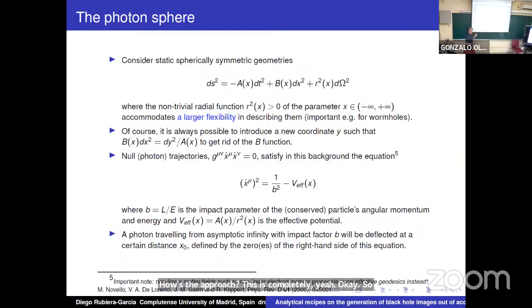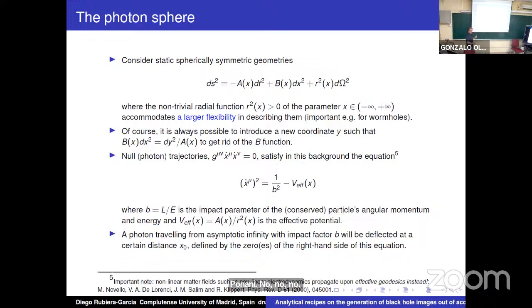So then you go and write the behavior of light rays. Light rays, in general relativity, propagate along null geodesics of the background geometry. Two caveats. First of all, this is not true for nonlinear electrodynamics. For nonlinear electrodynamics, light does not propagate along null geodesics of the background geometry, but along null geodesics of an effective geometry driven by the nonlinearities of the field.